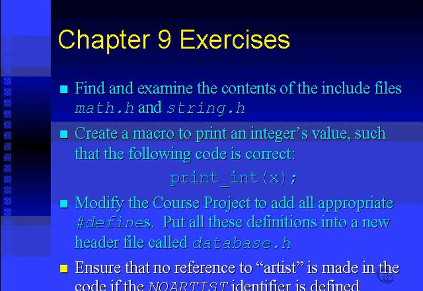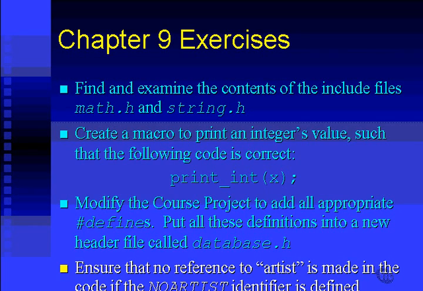Now, as a final sort of special exercise, I want to use a hash ifdef type construct to make sure that we can compile a version of our CD database that does not have any reference to artists. In other words, we don't prompt the user for an artist, and we don't print out any artist information when we're printing things out.